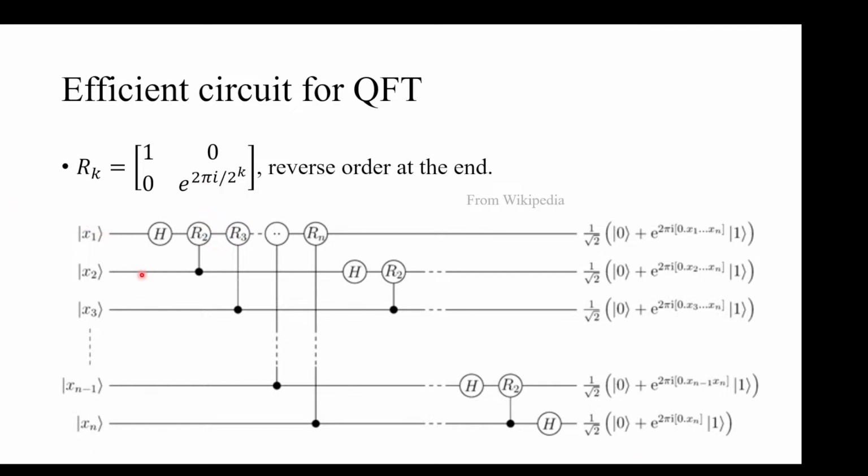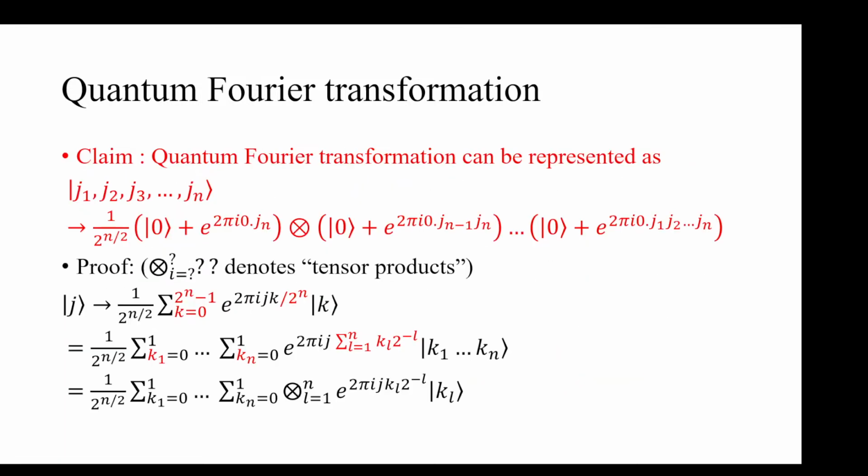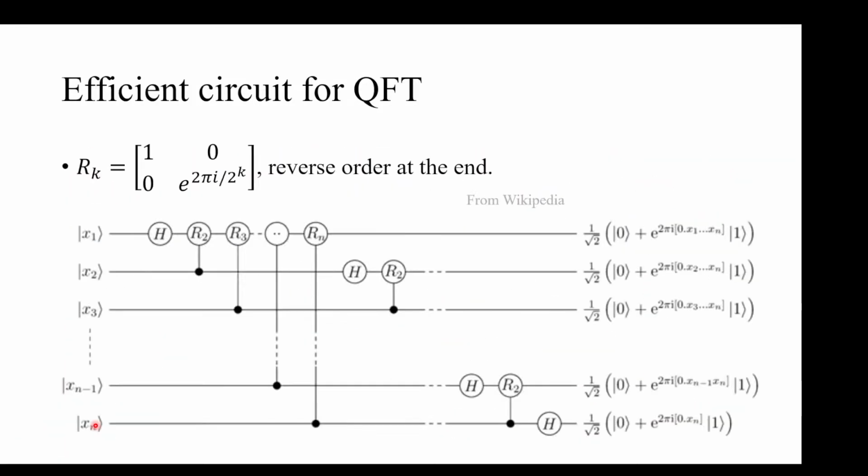You have the input qubits listed here, x1, x2 to xn, or maybe we call them j1 to jn to fit with our notation. So x1 is j1, j2 to jn.